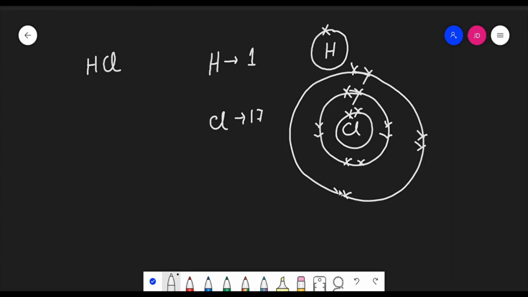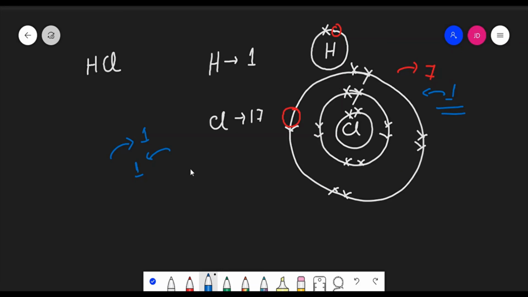Chlorine has 1 empty space, and hydrogen also has 1 empty space. So chlorine either gives away 7, or takes 1. Taking 1 is easier for chlorine. For hydrogen, it either gives away 1 or takes 1.